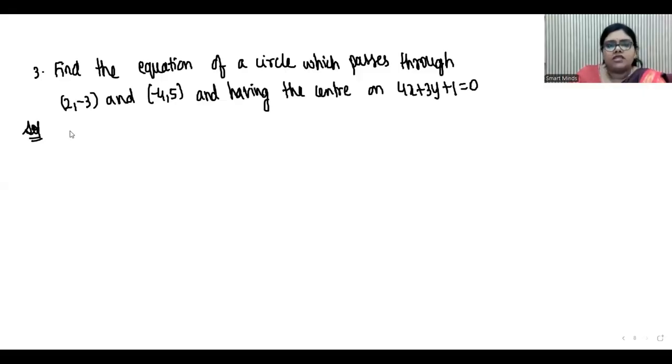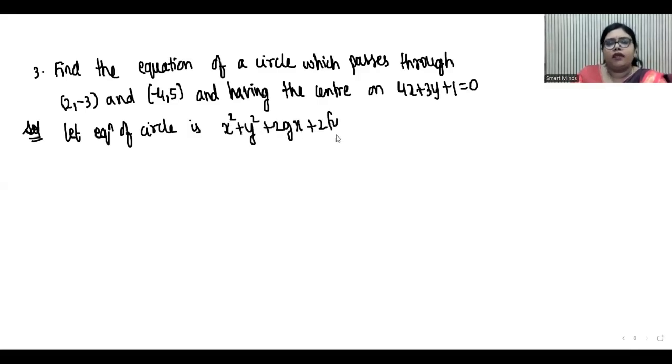Whenever they ask you to find the equation of the circle, we take the general equation. What is the general equation? x² + y² + 2gx + 2fy + c = 0. This is equation number 1.